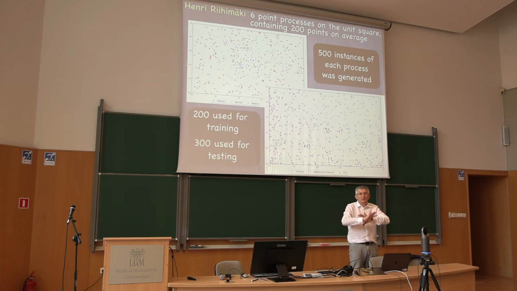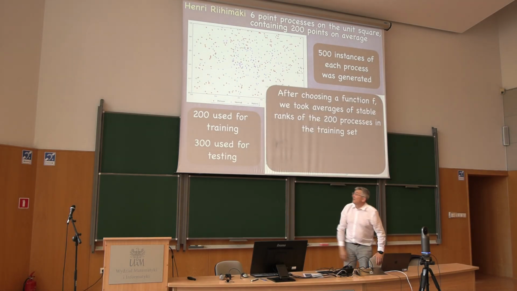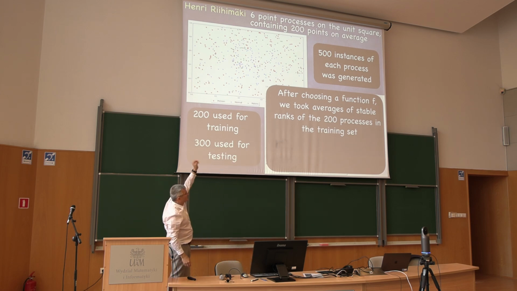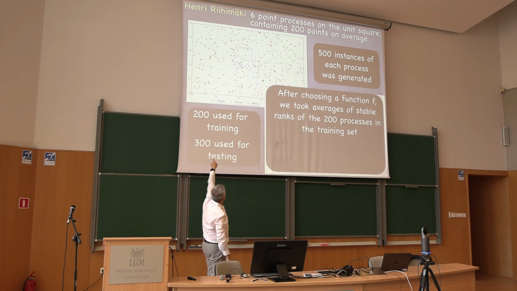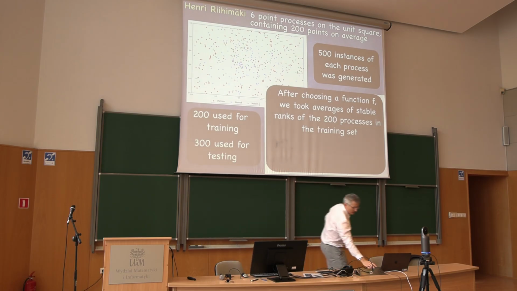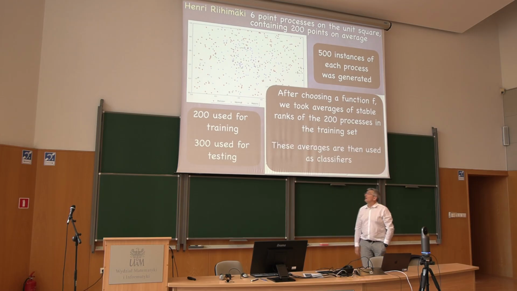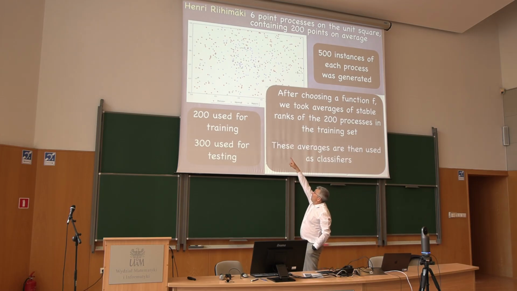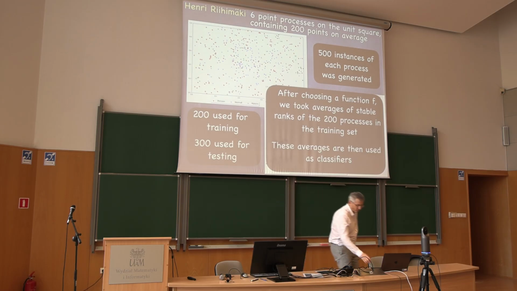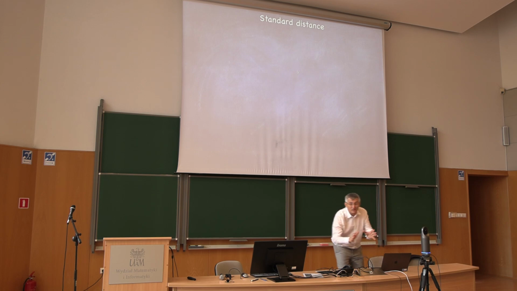This is to illustrate something. For each of these point clouds, he produced a stable rank, and for those 200 training ones he took the average of these stable ranks and used that as a classifier. Then for those 300, he calculated the stable rank and the distance of this stable rank to one of those averages, and whichever was closest gave the label.